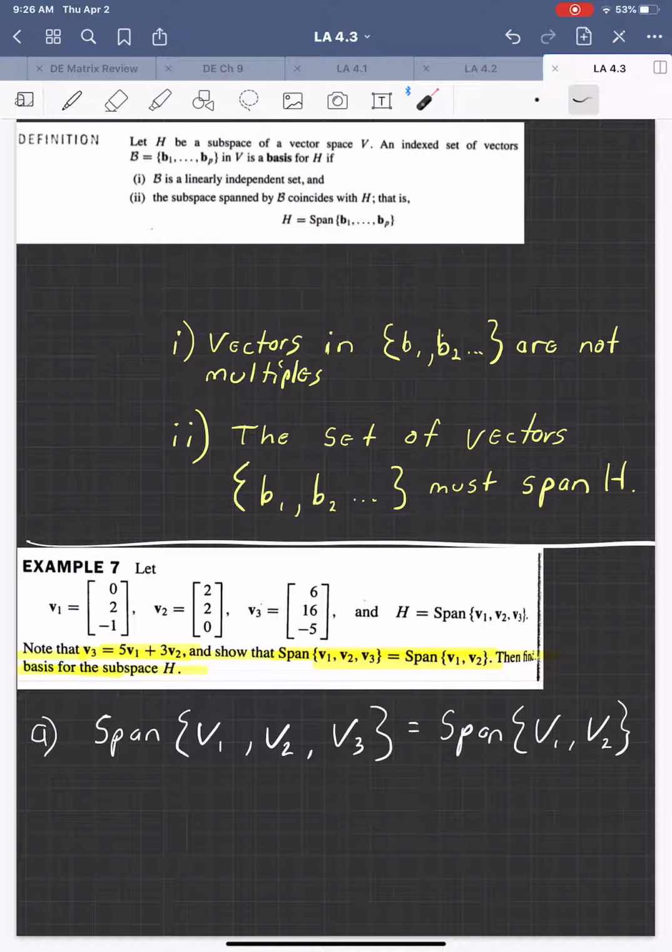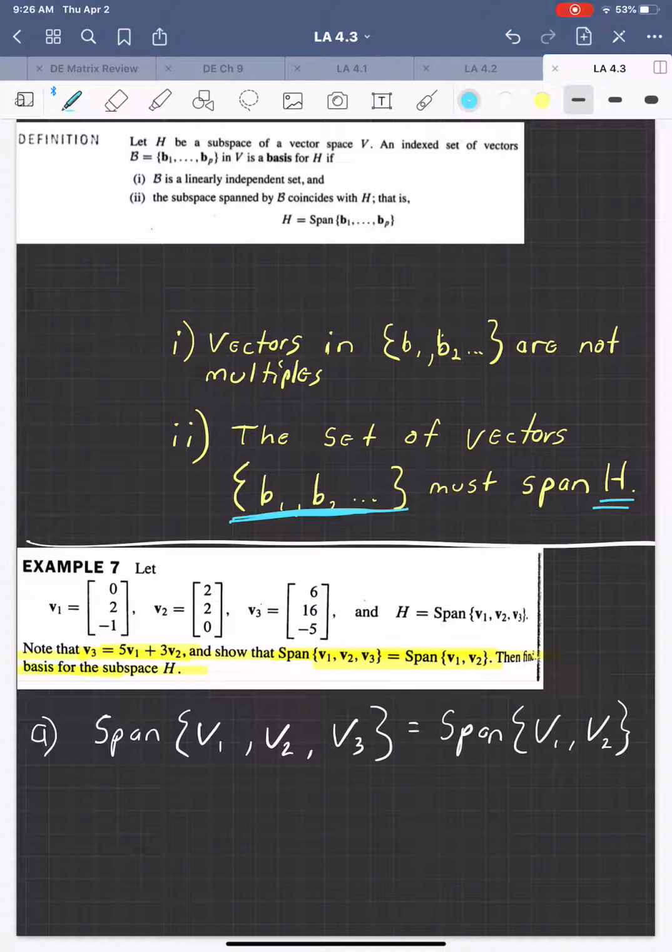Otherwise, you don't have a basis. So this set of vectors must truly span all of your subspace H. You have to be able to get to every point in H from just using that set of vectors. Otherwise, they're not basis vectors.